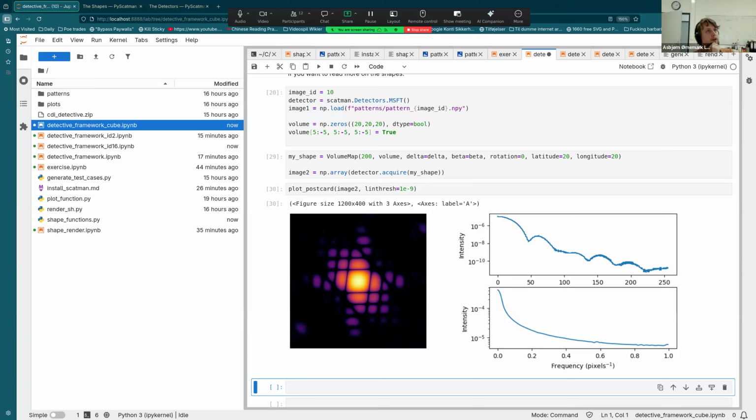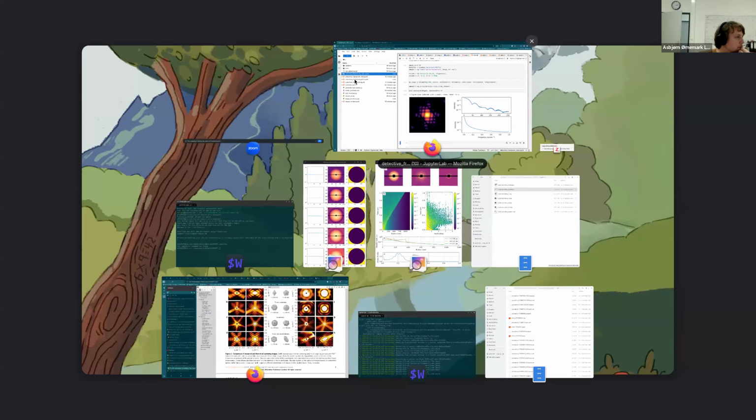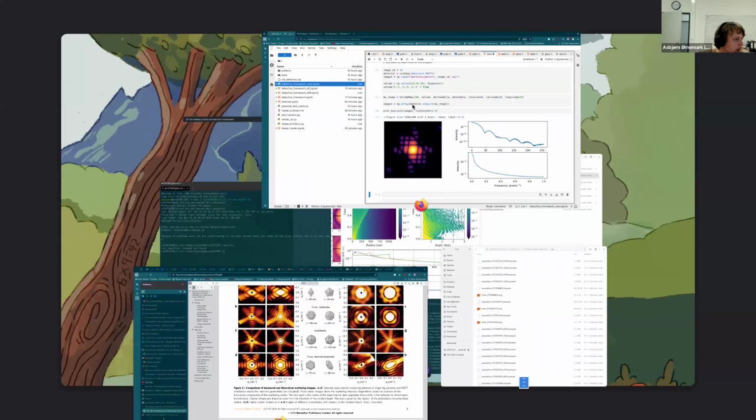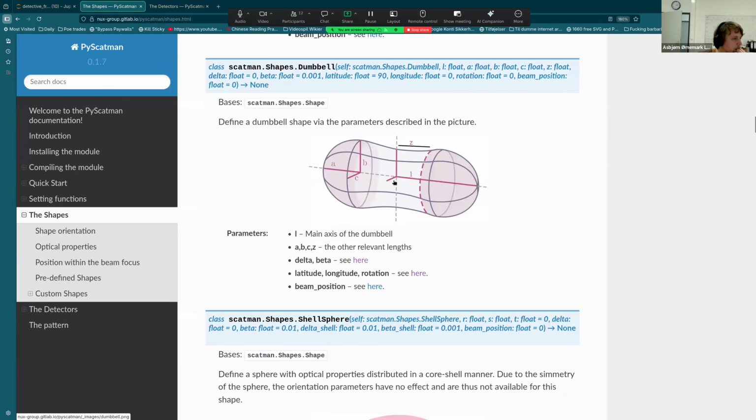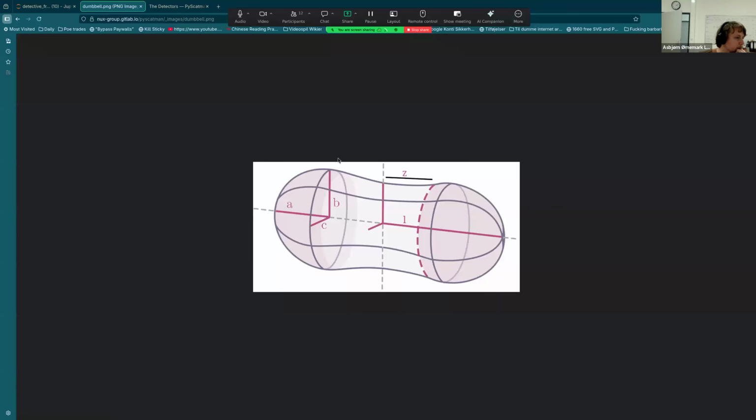So, no, we have not. I have a dumbbell shape, but that's a dumbbell with a... We could look at the dumbbell, making the length longer.